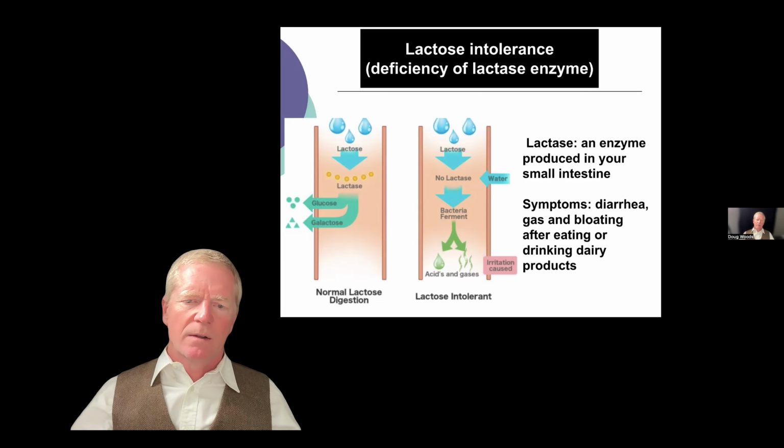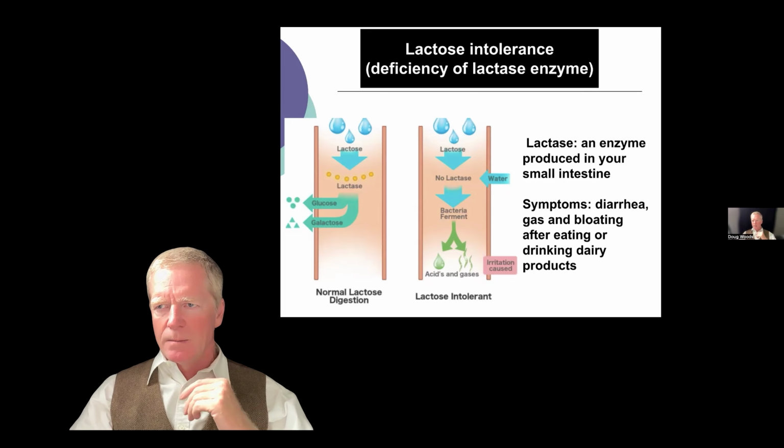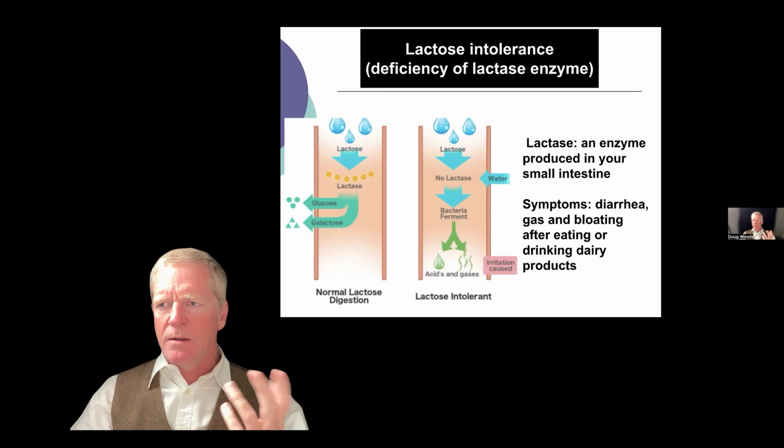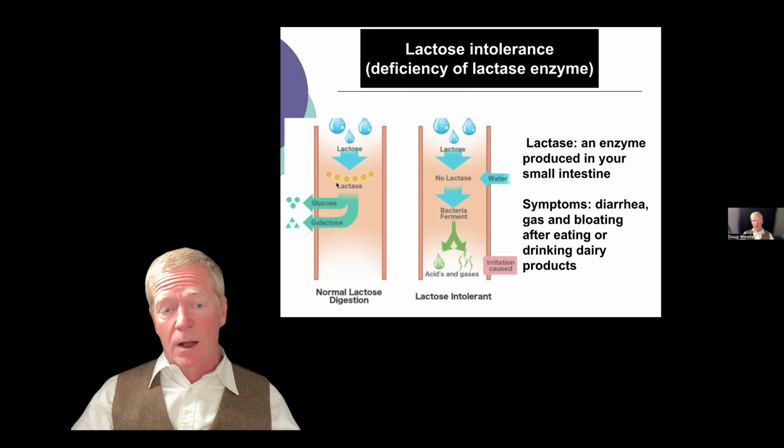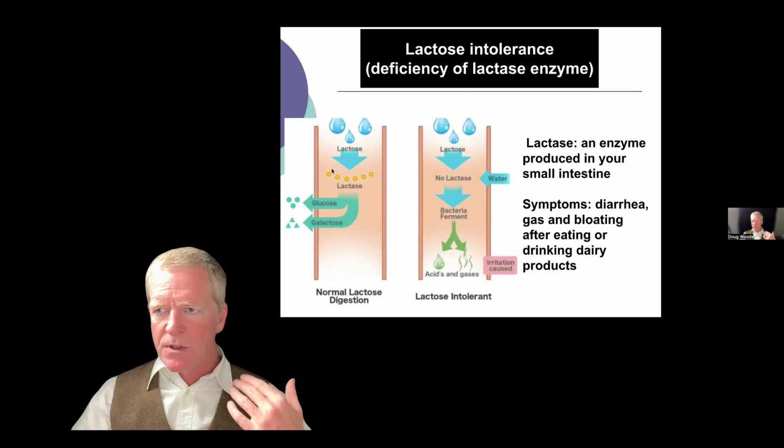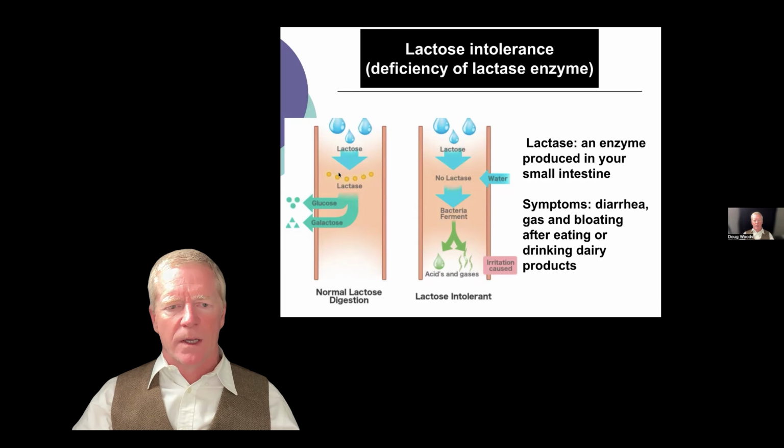That's thought to be, from an evolutionary standpoint, because in societies where there was very little access to milk or dairy products, this is just an enzyme that's not of any use. So the production of that enzyme is reduced. It's not zero, but it's reduced as people get older.